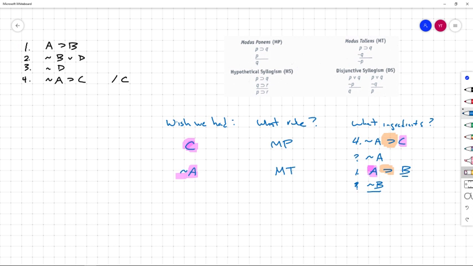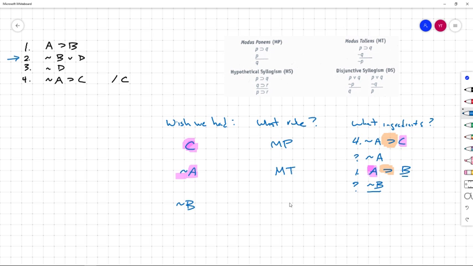I guess we didn't know for sure yet that we don't have not B. But, in the process, we figure out what ingredients, what rule might get us what we wanted, and we find that if we had not B, we could use modus tollens to get not A. We look at what we've got. Do we have not B anywhere? Well, no, we don't have it by itself, but it does show up in line 2. So then we say, well, we wish we had not B.